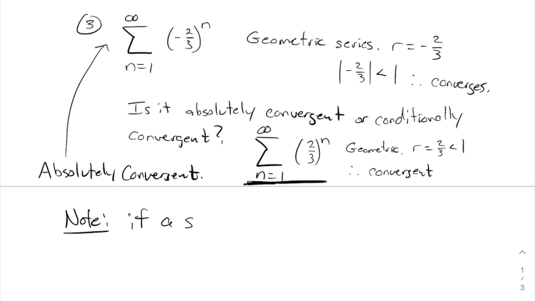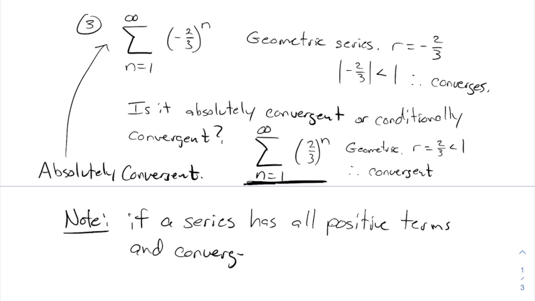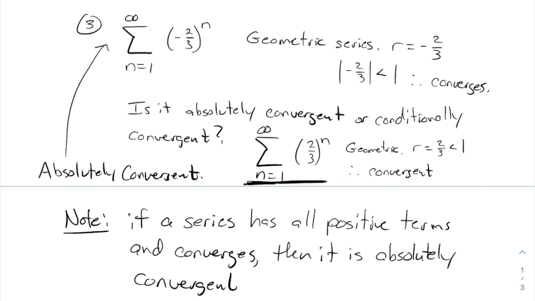If a series has all positive terms and converges, then it is absolutely convergent. And that makes sense because when you take the absolute value of the terms, nothing changes if they're all already positive.